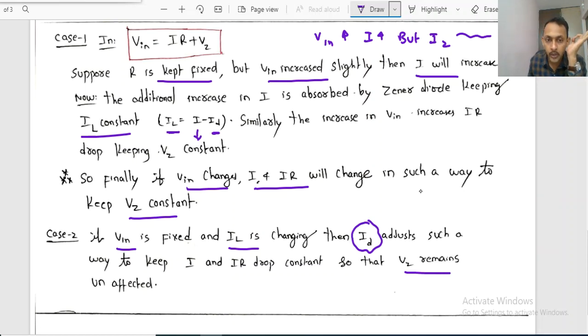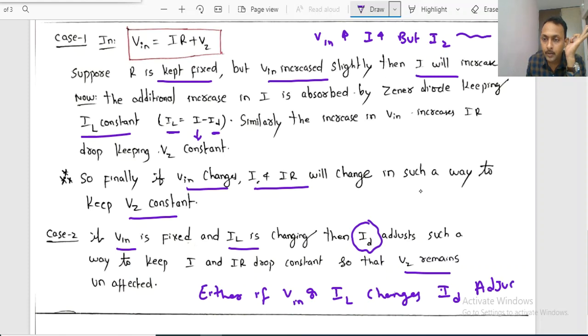So what we can conclude is, either if V input or IL, the current through the load, changes, ID, the current through the diode, adjusts in such a way to keep the voltage across the diode, VZ, constant.